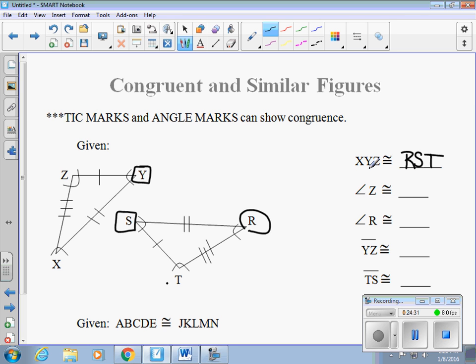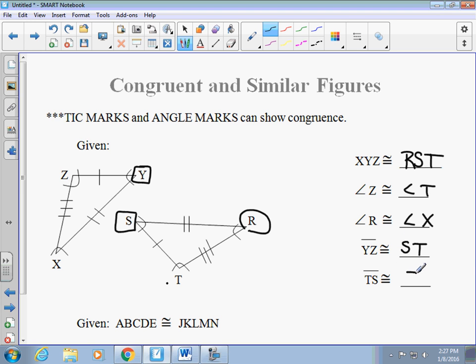Now, according to this, angle Z matches up with what? Angle T. Angle R matches up with X. Side YZ corresponds with ST.